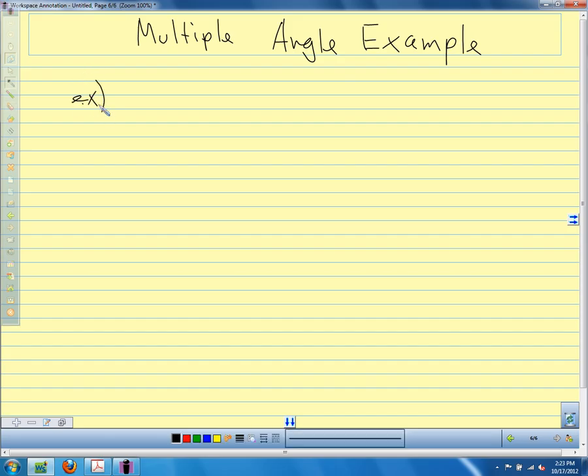So our example is 2 sine 2t plus 1 equals 0. What I mean by multiple angle is here I have 2t rather than just t. Now the first parts of solving this are exactly the same as what we've just done. We want to get the trig function on one side by itself. So I'm going to say this is sine of 2t equals negative 1/2. I subtract 1, divide by 2.